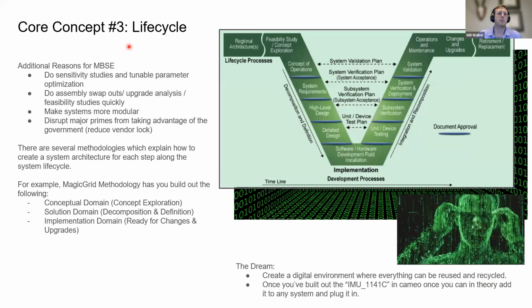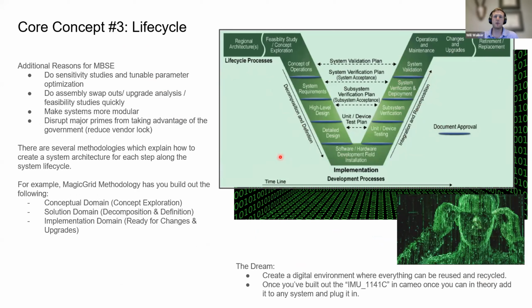So core concept number 3 is the life cycle. So what we've got here is that the system has its own life cycle. So from cradle to grave, if you're in systems engineering, you're very familiar with this V. So we decompose the system, and then we recompose it, and then we have verification, validation.